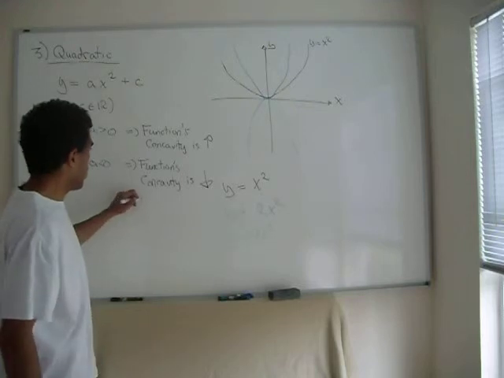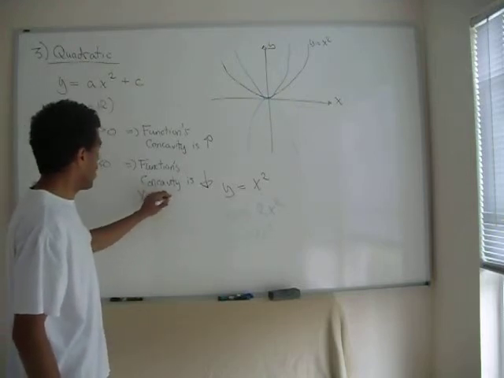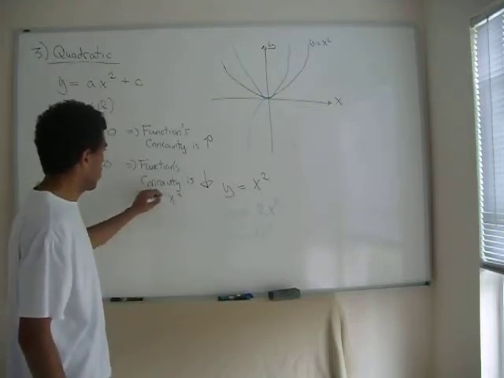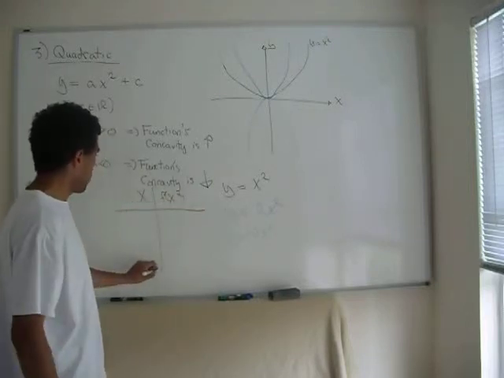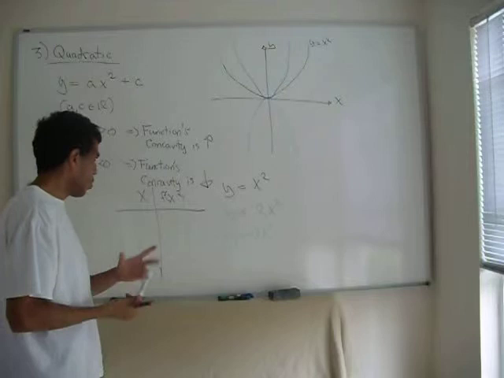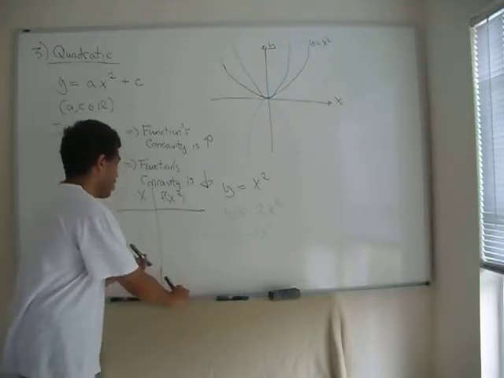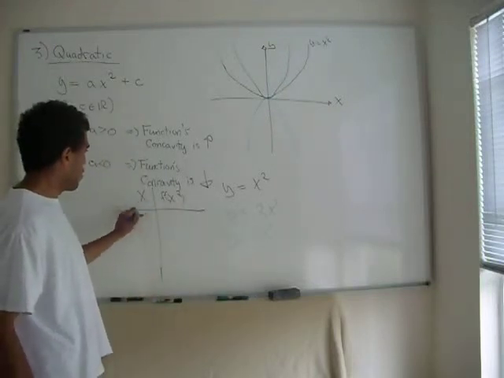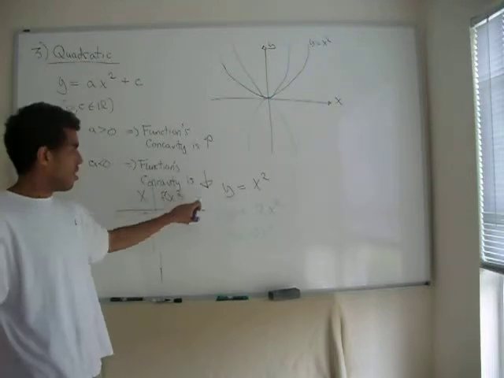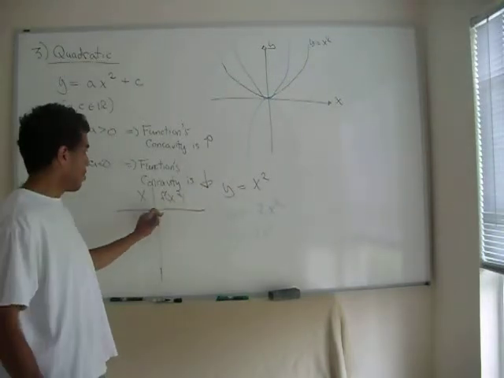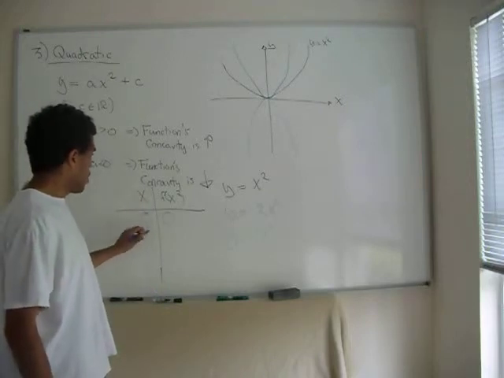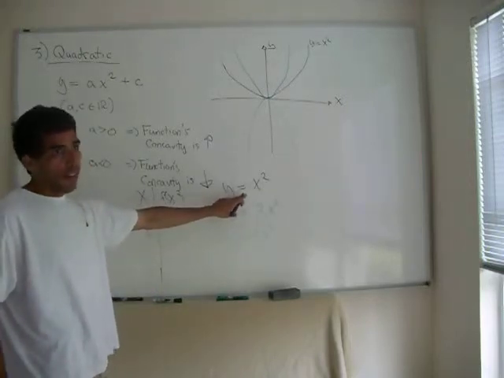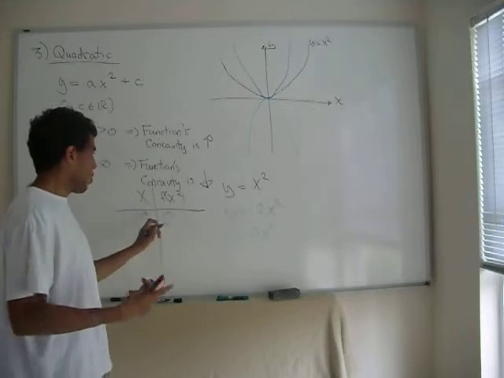What happens if we have x and, say, x squared, or y? Well, if x is 0, 0 squared is 0. 0 times 0 is 0. If x is 1, 1 squared, 1 times 1, is 1.